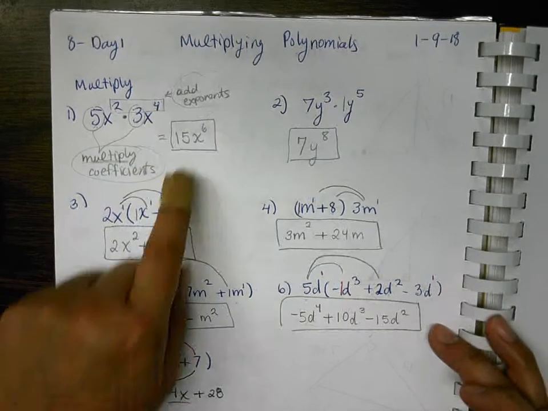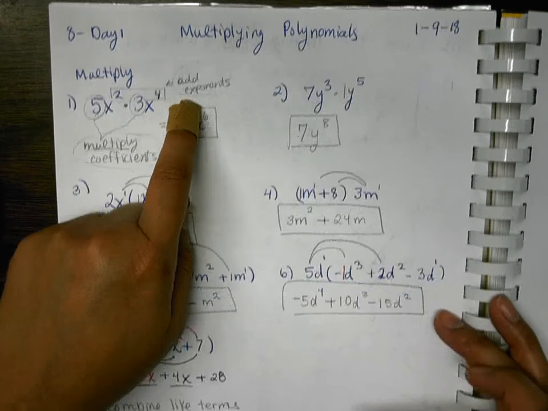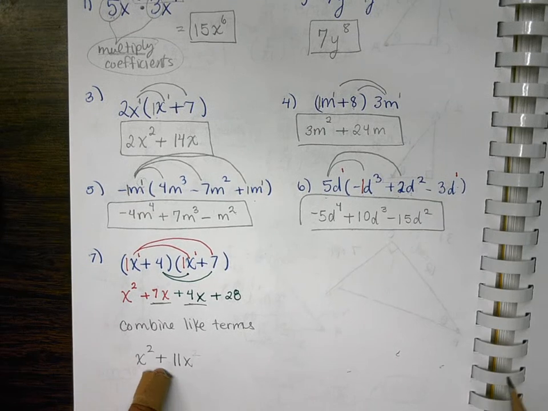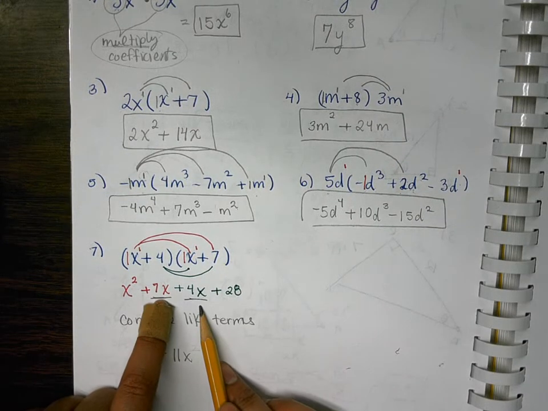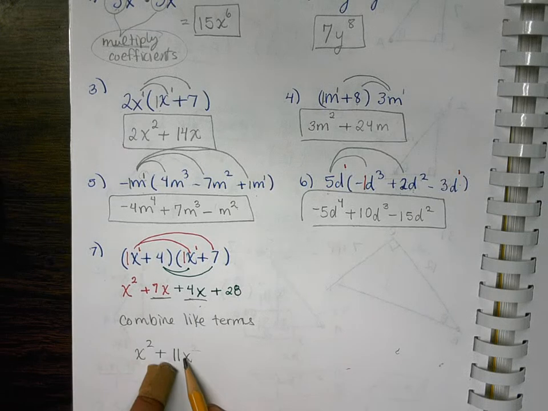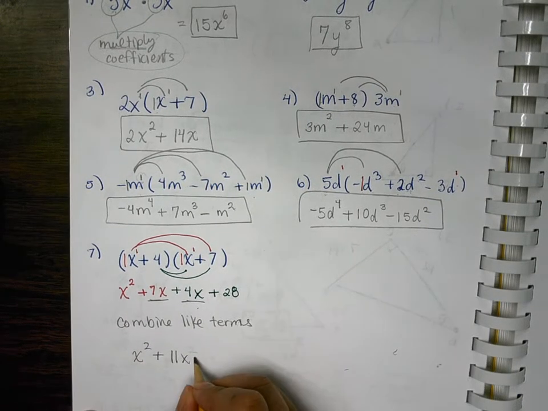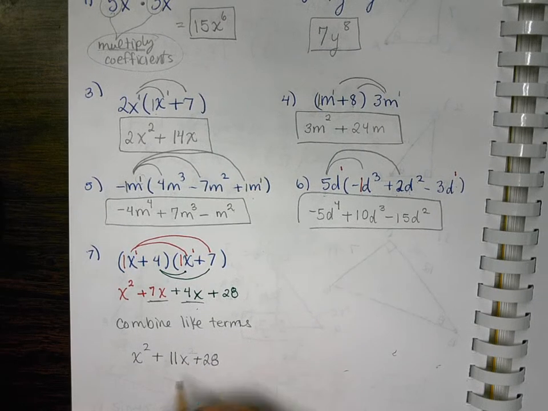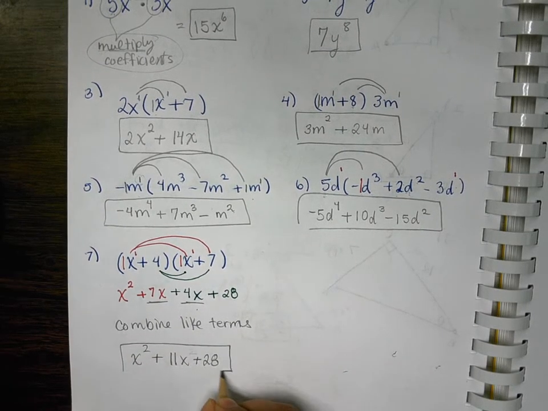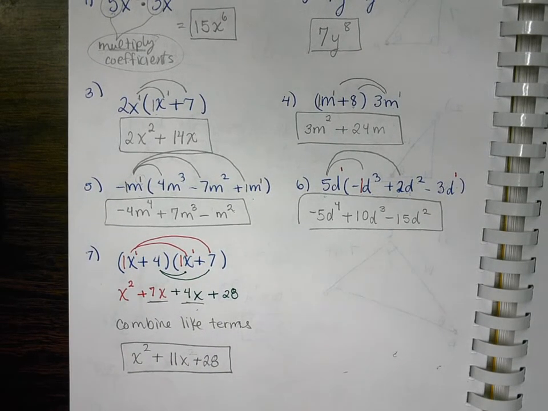When is the only time the exponent changes? When you're multiplying. If you're adding like terms, should you be doing anything to the exponents? No, it stays. So 7x plus 4x is 11x, not 11x squared. Please be careful with that. Plus 28. And that there is my final answer.